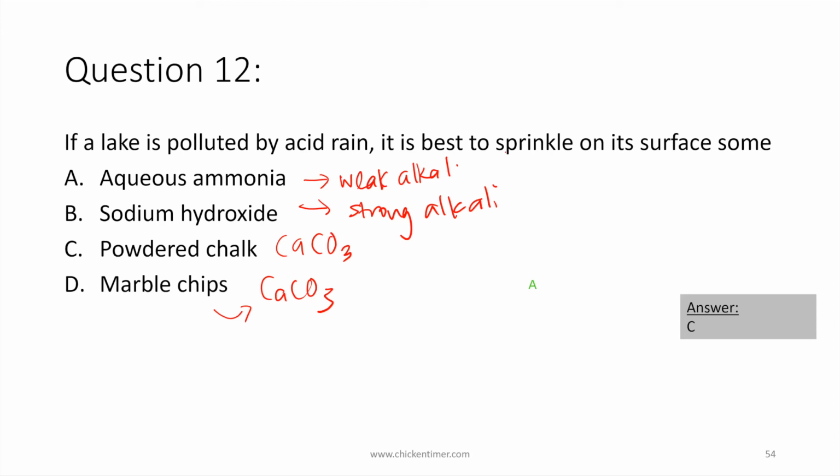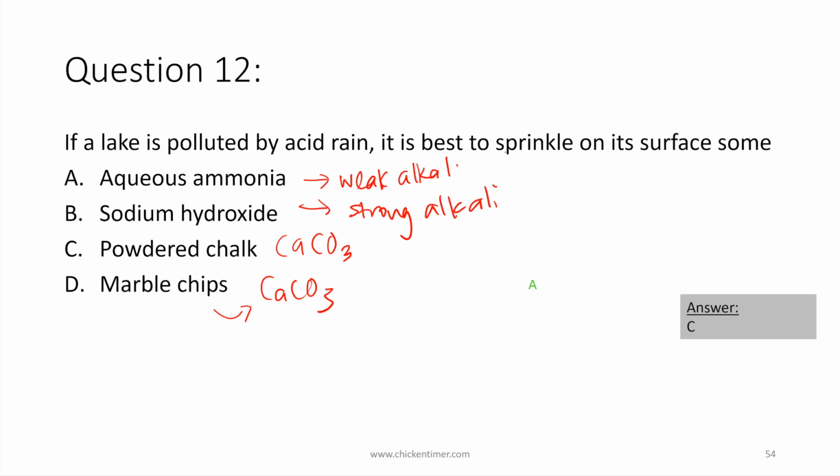A and B should not be added, because they are soluble in water. It is very possible that you add too much of this into your lake. Then when you add too much, the lake will become alkaline. So when that happens, other pollution, other environmental issues will happen.